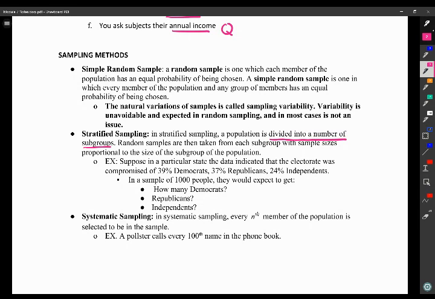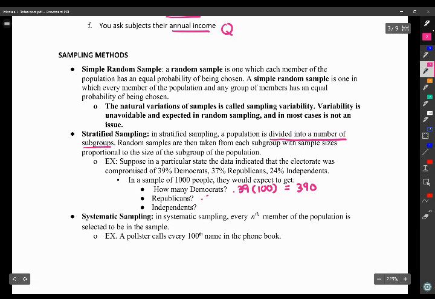The example that they give is, suppose in a particular state, the data indicates that the electorate was comprised of 39% Democrats, 37% Republicans, and 24% independents. It says in a sample of 1,000 people, what would they expect to get? Basically, you're going to go 0.39 of 1,000, so you would expect to get 390 Democrats.